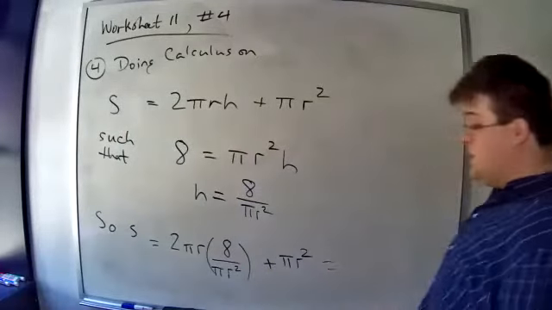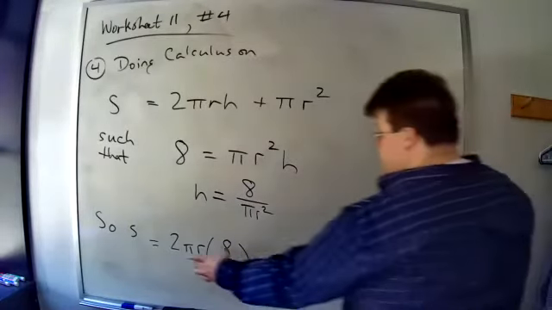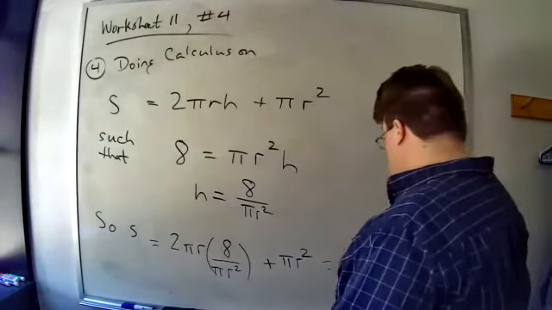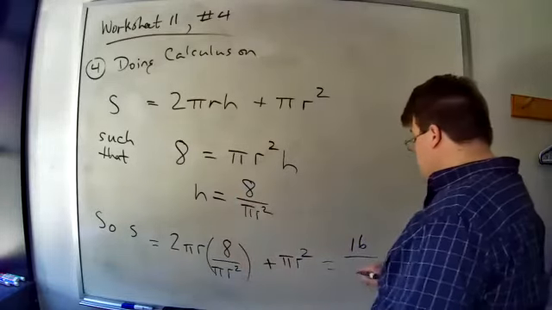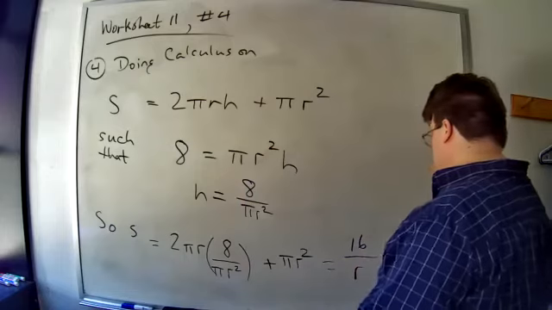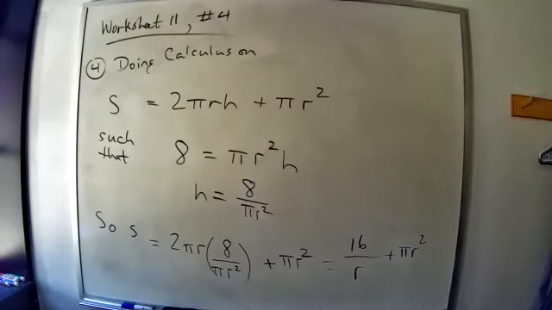That does simplify a little because some pi's will cancel and an r will cancel. 2 and 8 makes 16. Pi and pi cancel. R over r squared simplifies to just 1r in the denominator. So any questions about getting S in one variable? Only variable is R now.